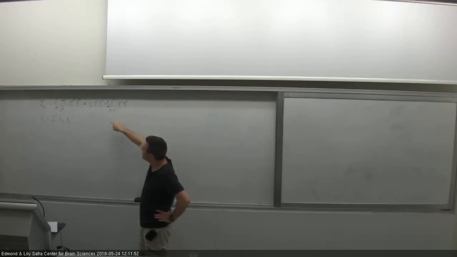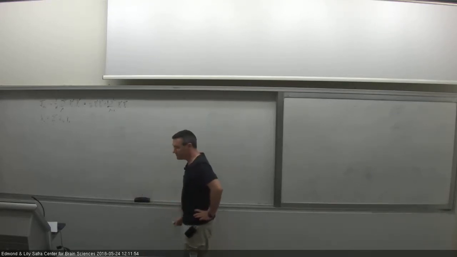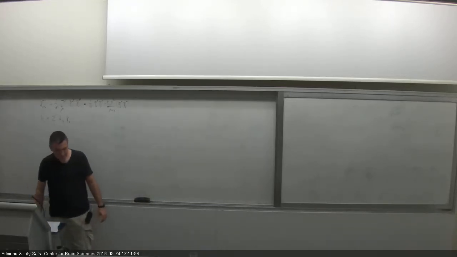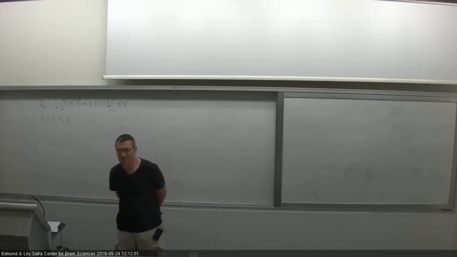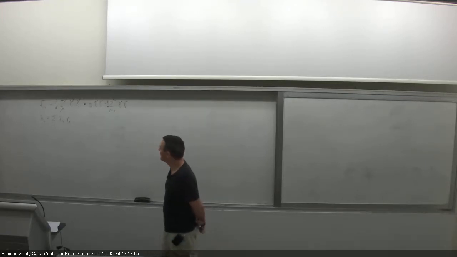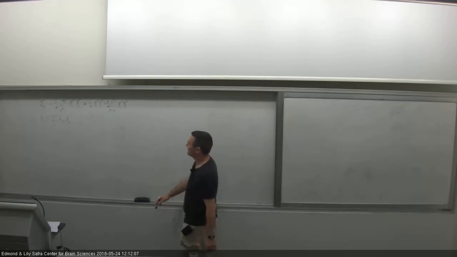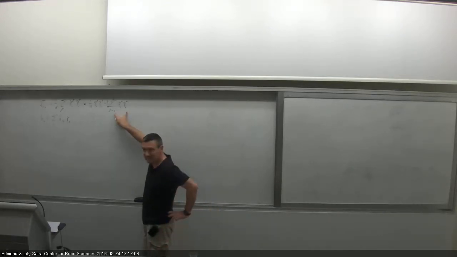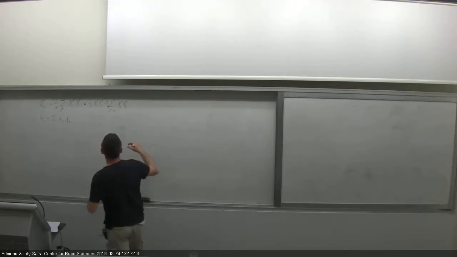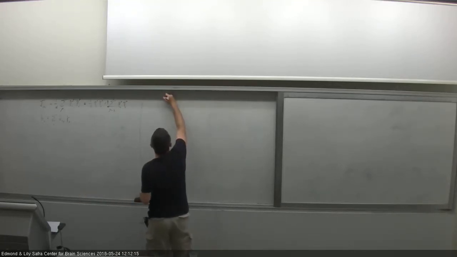So how should we change this rule so that this will have a zero mean? We can just subtract the expected mean. This is called the covariance rule.